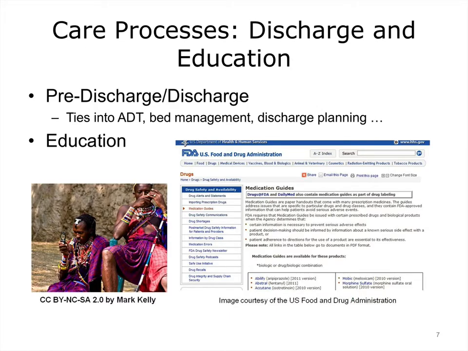Pre-discharge or discharge planning links to many other health IT-supported activities, as we discussed earlier. Pre-discharge planning is an essential aspect of continuity of care that actually starts on the day of admission, particularly as inpatient stays get shorter and shorter.